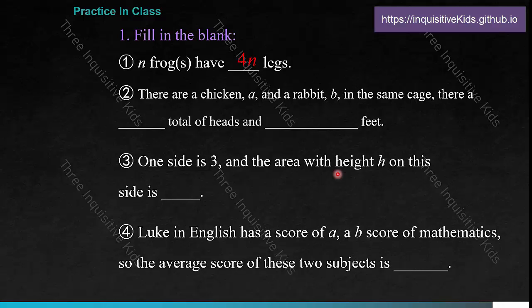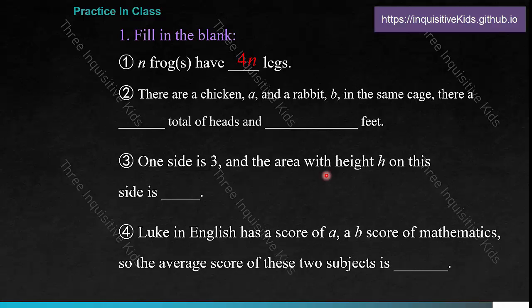And then 2. There are A chickens and B rabbits in the same cage. So there are a total of blank heads and a total of blank feet. How many heads does one chicken have and one rabbit have? Well, if it was perfectly healthy and normal, it would be 1.